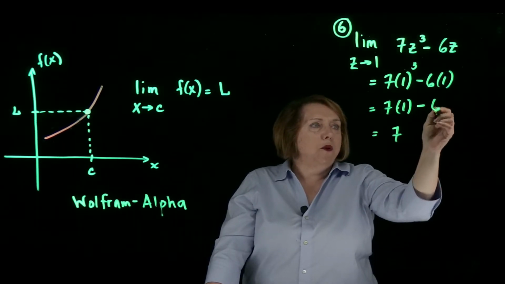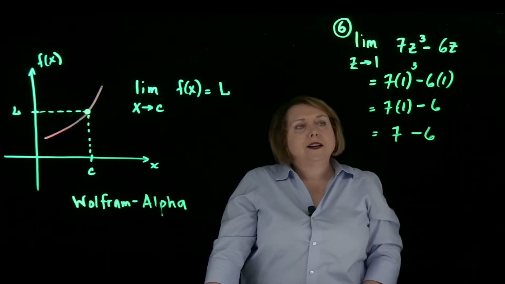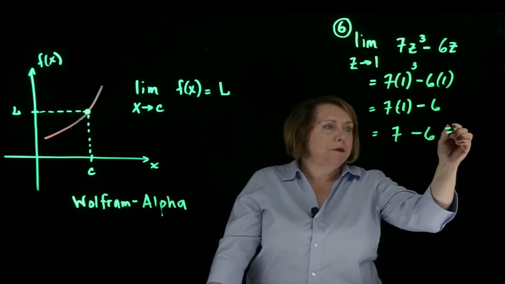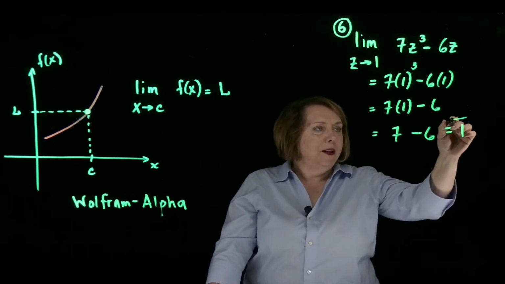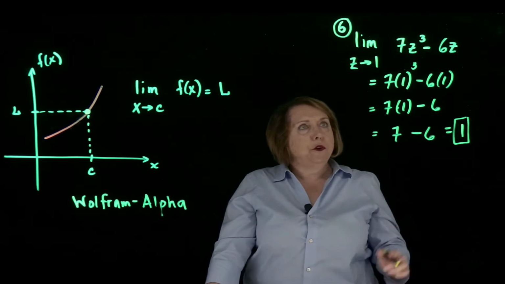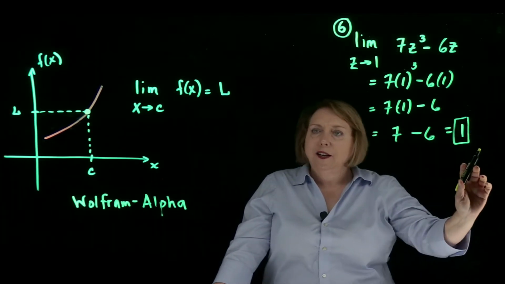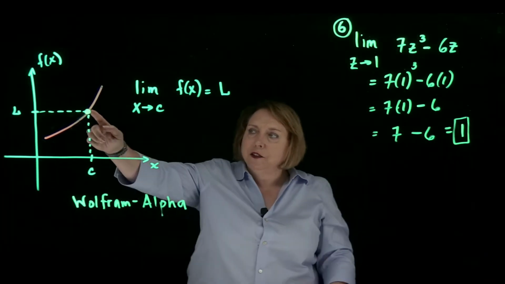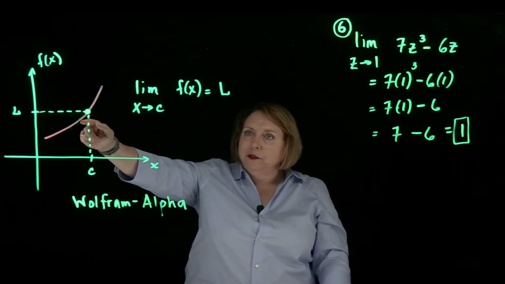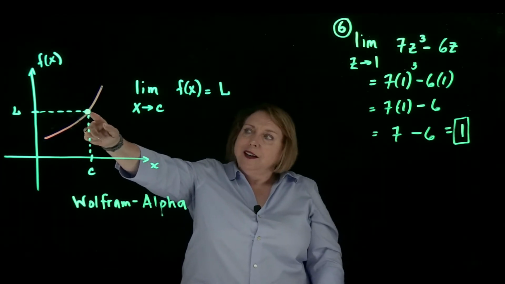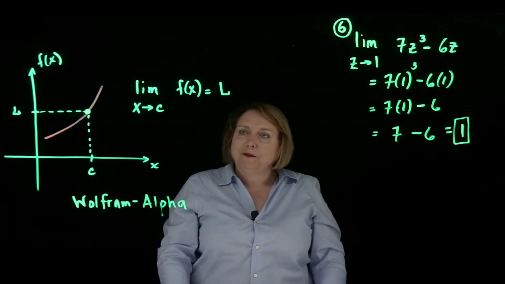And 6 times 1 is 6. So we have 7 minus 6, which is equal to 1. Our limit as z approaches 1 of this function is equal to 1. The height of the function, the y value, or the f of z, is equal to 1.